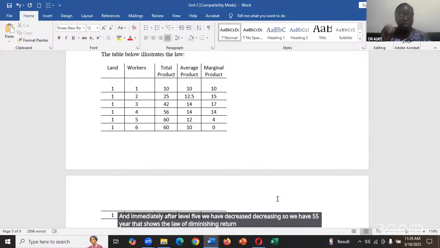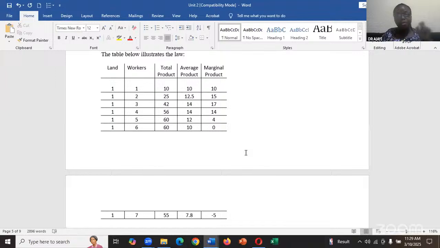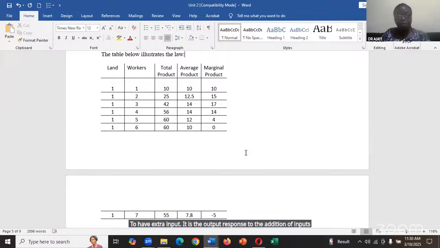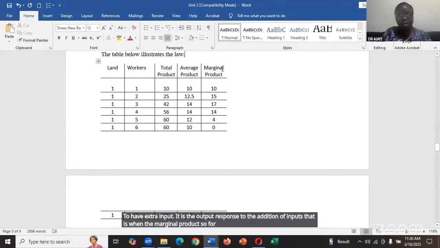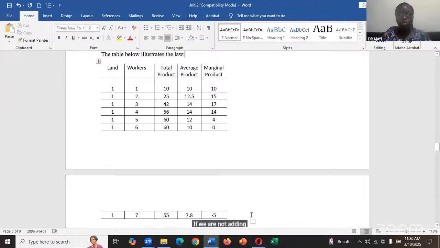And the law of diminishing return also comes up because of the addition of labor. So marginal product may not crop up if there is no need to add extra input. It is the output response to the addition of input. That is when we have the marginal product. So for this last column here, where we have marginal product, you will see that you may not have anything marginal if we are not adding to the variable input.